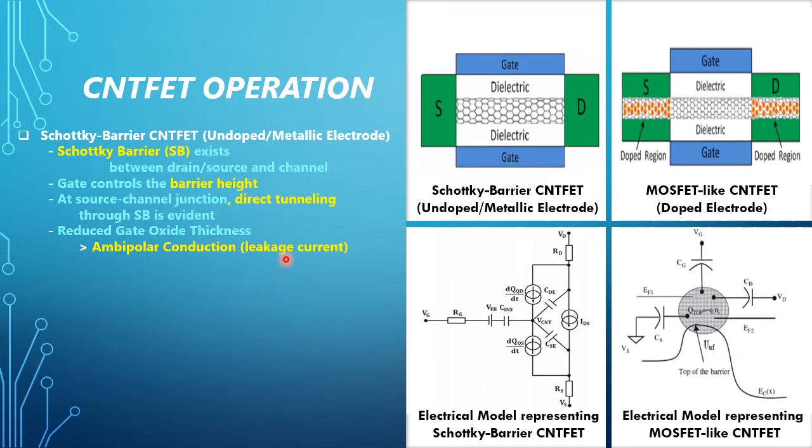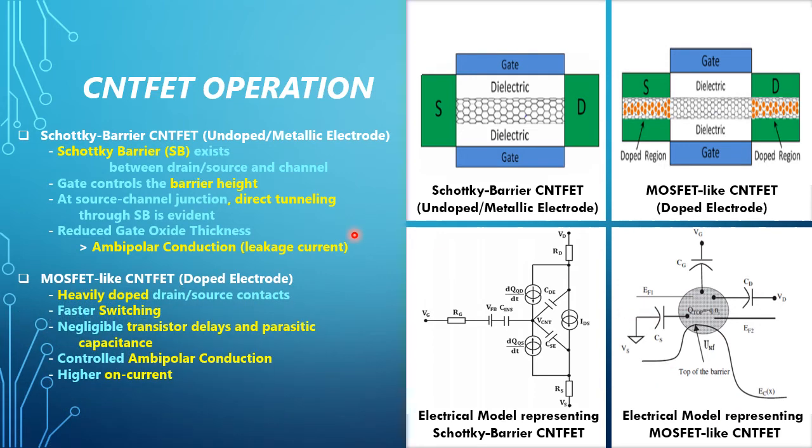Then the MOSFET-like CNT FET, which has doped electrodes. This can also be represented by an electrical model shown here. The characteristics of the MOSFET-like CNT FET are like this.